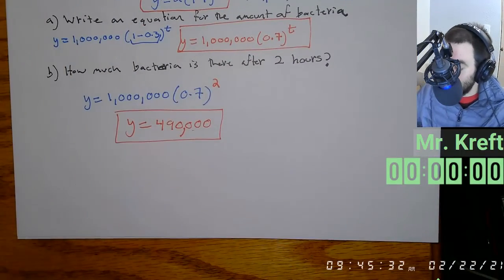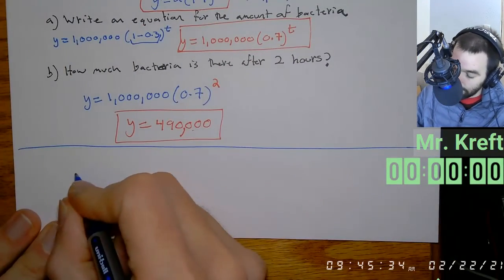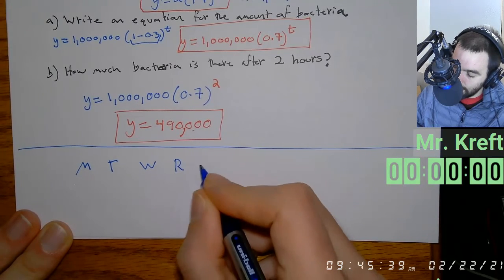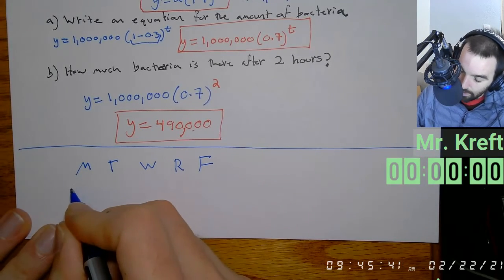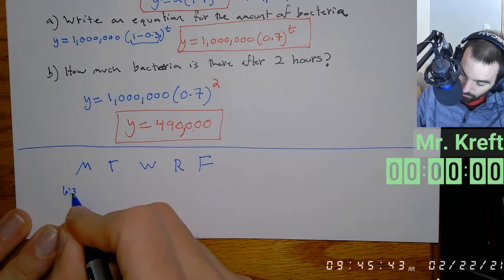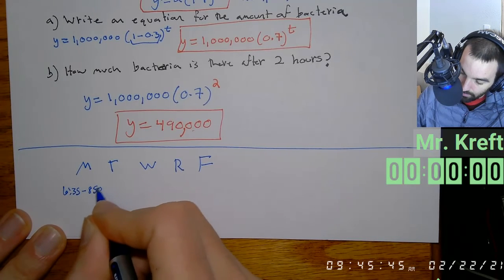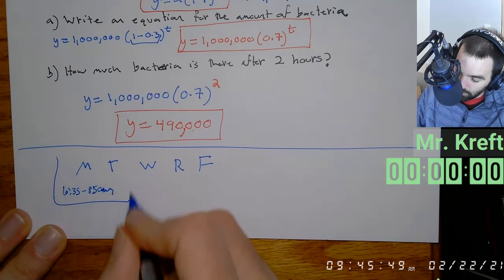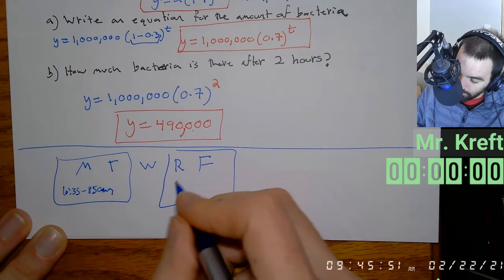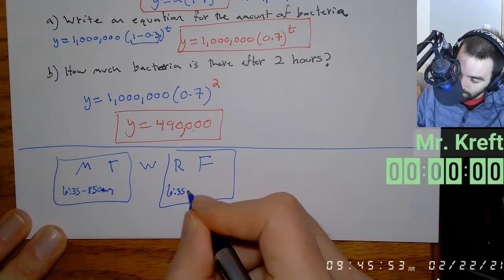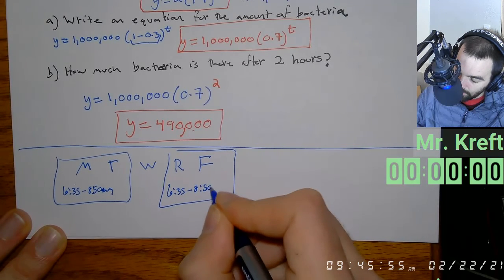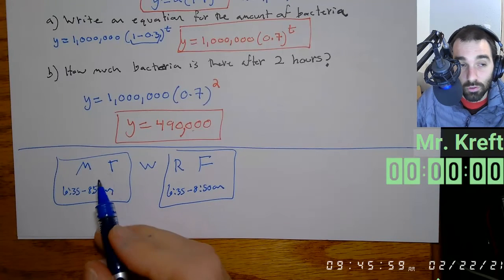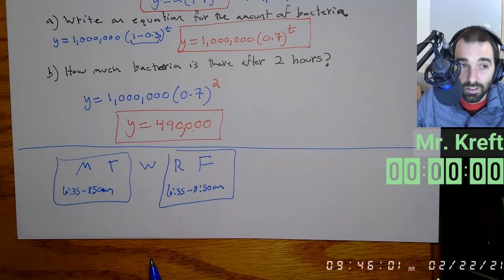So my office hours, if we look at the day of the week, so I have Monday, Tuesday, Wednesday, Thursday, Friday. So Monday, it is 6:35 to 8:50 a.m. So it's these 2 days, and then these 2 days, it's 6:35 to 8:50 a.m. Okay, so it's right before we have class, and it's also on Tuesdays and Fridays.